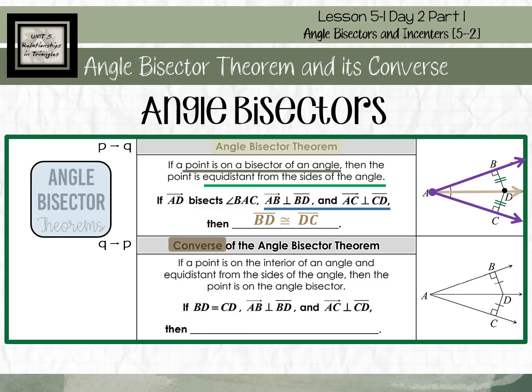Converse, other way around. If a point is in the interior of an angle and equidistant from the sides of the angle, then the point's on the angle bisector.